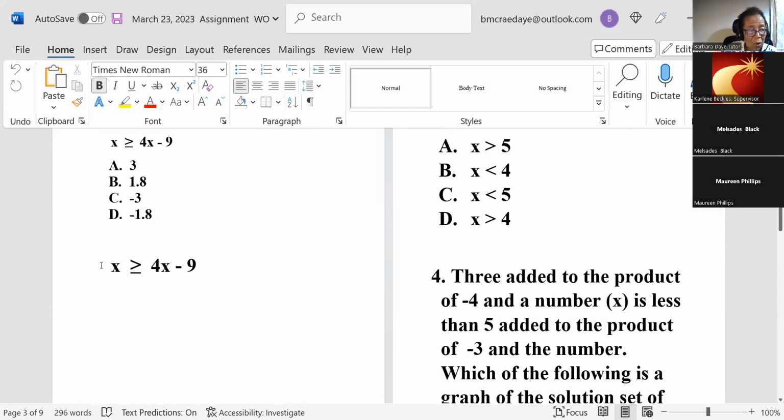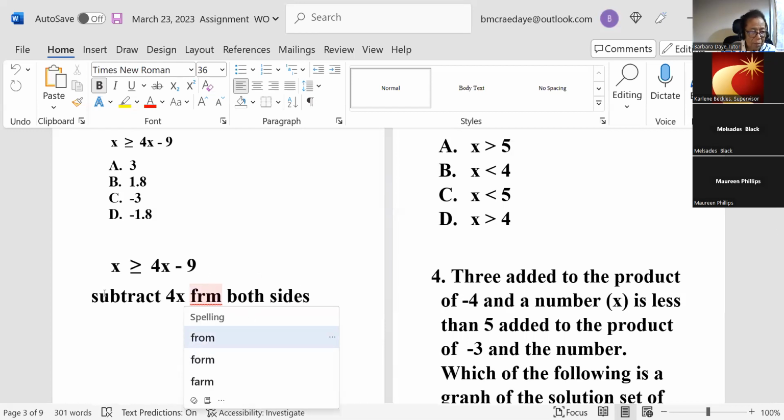Now you want to get your x's all on the same side. So, Mercedes, what would you do for that to happen? Subtract 4x on both sides. That's it. Very good. Subtract 4x from both sides. Good start. Are you doing that? Yes, I'm writing down what you're saying. Subtract 4x from both sides.